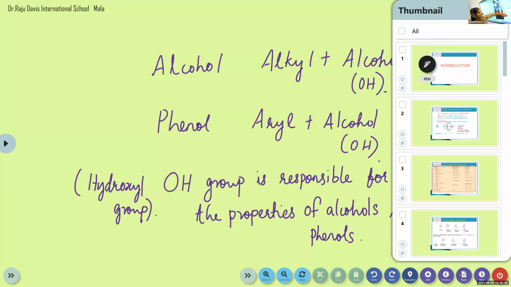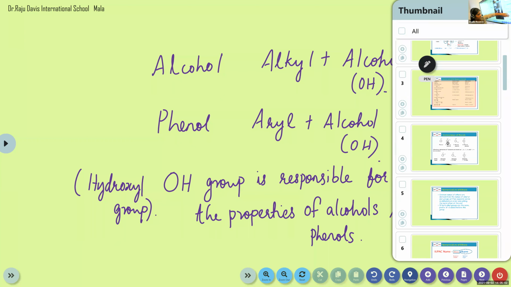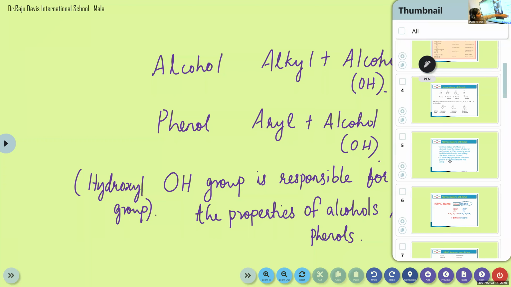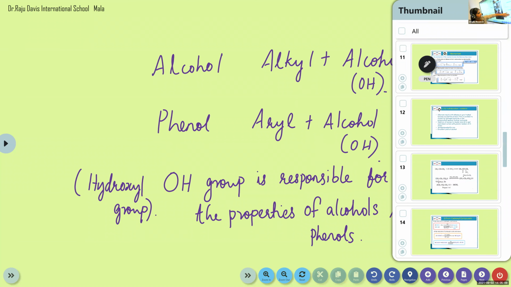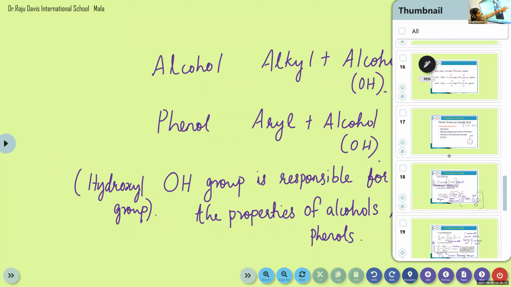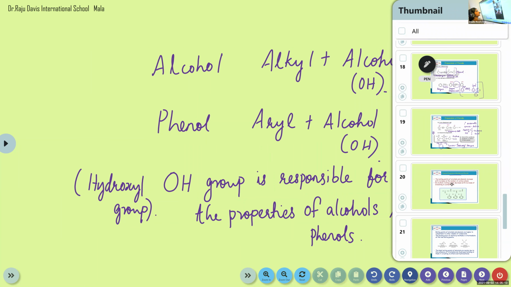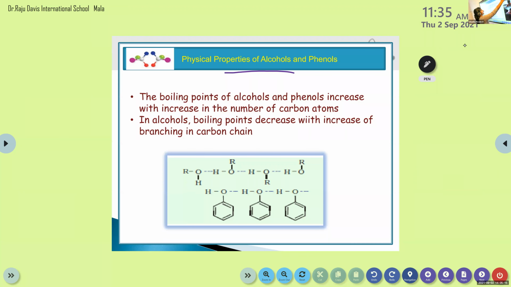Then first we can discuss about the boiling point. Physical properties of alcohols and phenols. First one is boiling point.